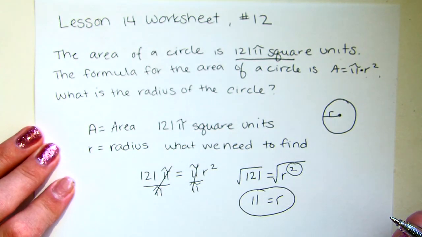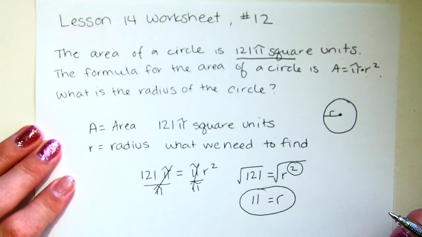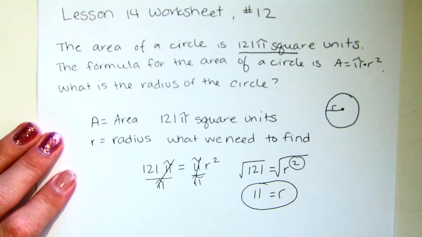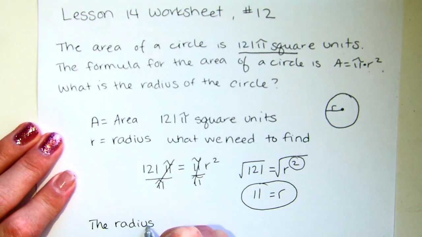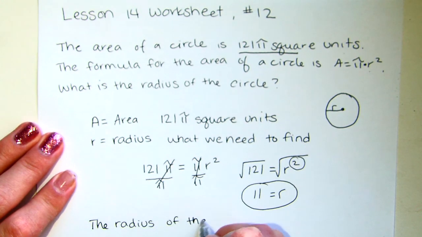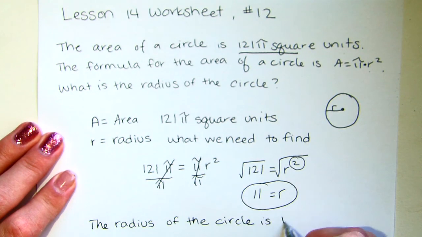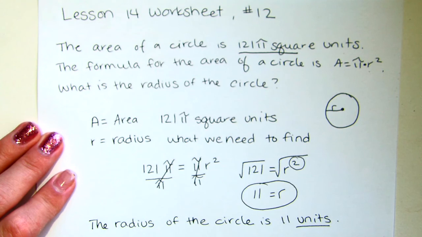Now once again, because this is a word problem, we need to write an answer including words. So we're going to say the radius of the circle is 11 units.